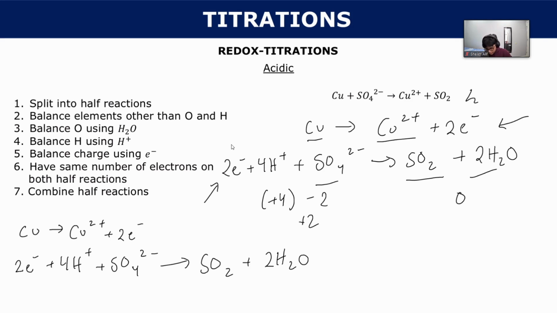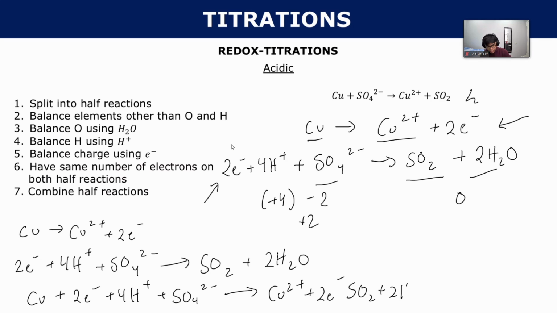If we combine them, we're going to get copper plus 2 electrons plus 4 hydrogens plus SO4 2- produces copper 2+ plus 2 electrons, and then SO2 plus 2H2O. Basically, when you combine, you take all the reactants and you put them on one side, and you take all the products and you put them on the other side.